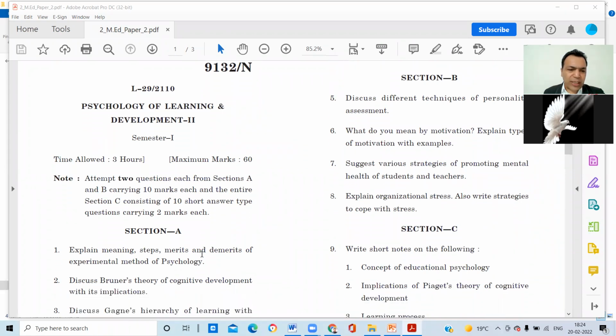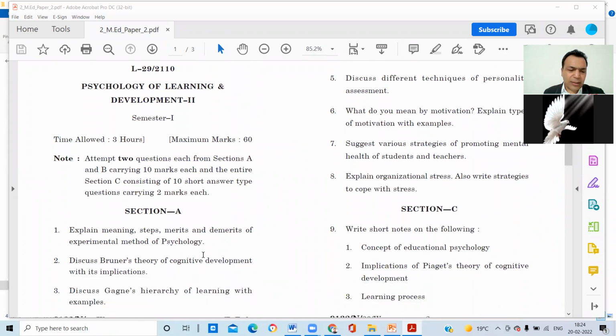So you have to attempt the question which you can stretch, which is easy. Sometimes in the last exam, students chose a different kind of question. For example, in section A, suppose 4 questions come.